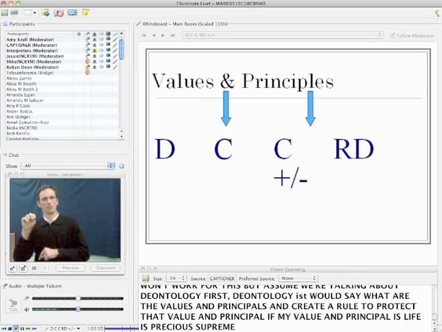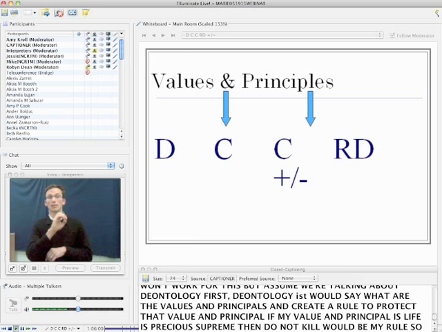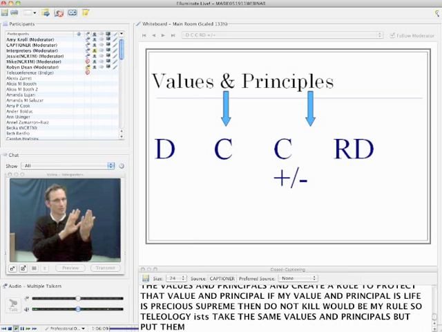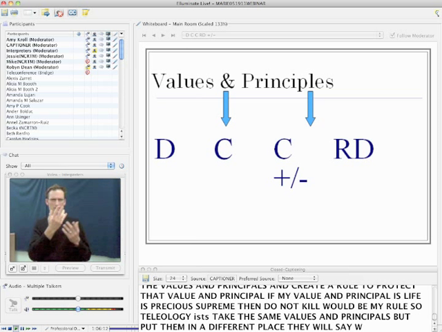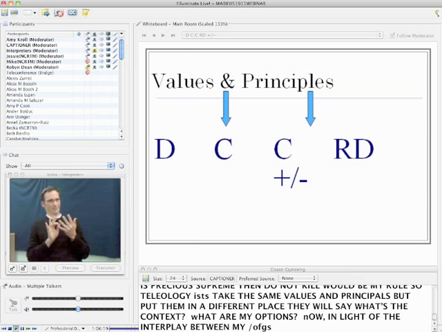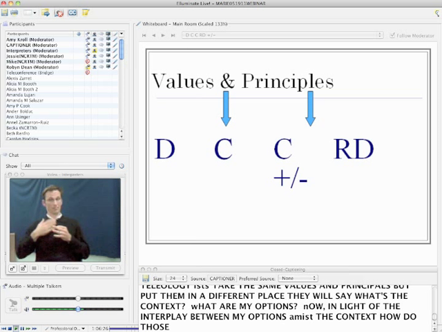Now, teleologists, people who are concerned about consequences, take the same values and principles, but put them in a different place. Teleologists will say, what's the context? What are my options? Now, in light of the interplay between my options amidst the context, how do those differing positive and negative consequences of my different options compare to my values and principles?